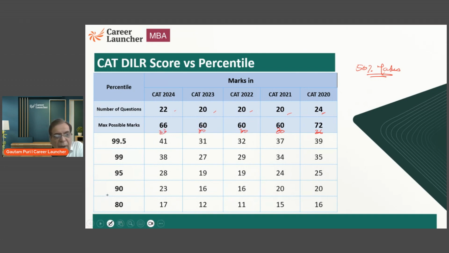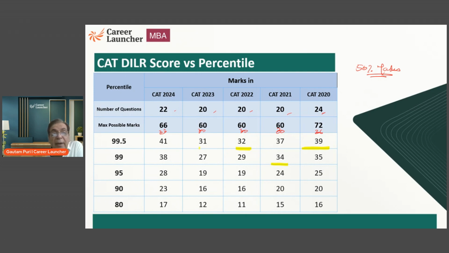Now, please look at it. Where would you be if you had only 50% marks? At 50% marks in CAT 2020, you would have been above 99 percentile. Similarly, if you look at CAT 21 at 30 marks, or 50% marks out of 60, you would have been somewhere around 97 plus percentile, 97, 97.5 is what you would have possibly scored. Next year in CAT 22 at 30 marks, which is 50%, you would again be above 99 percentile.